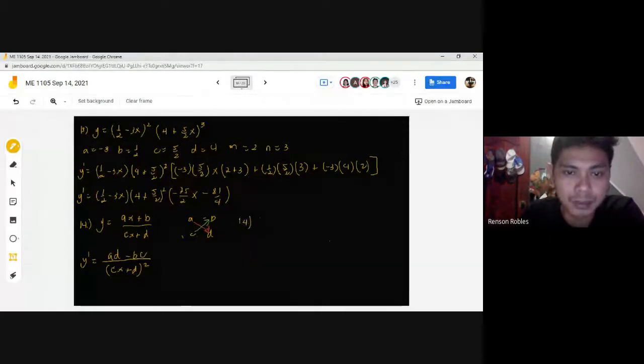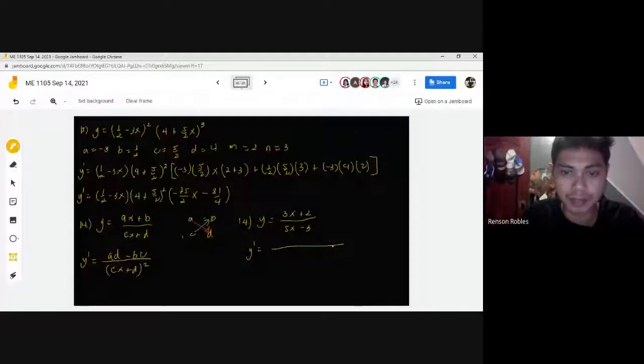Y, say 3x plus 2 all over 5x minus 3. So we have y prime, before we use the formula, 5x minus 3 square. And then you copy 5x minus 3 times the derivative of the numerator minus the numerator times the derivative of the denominator, which is 5.